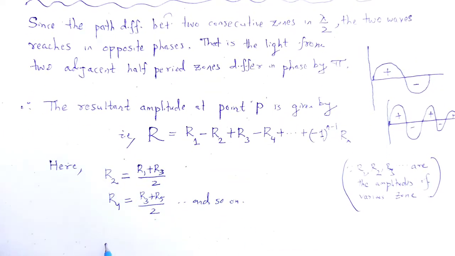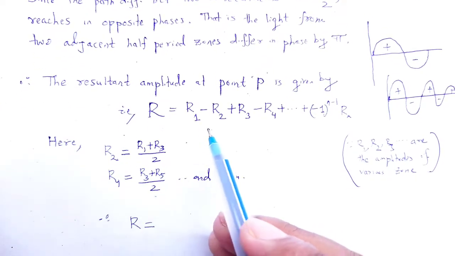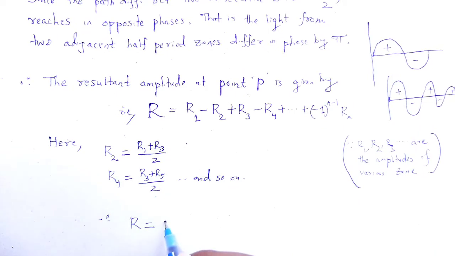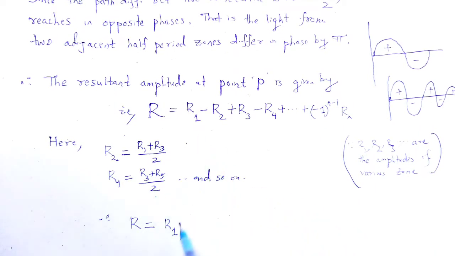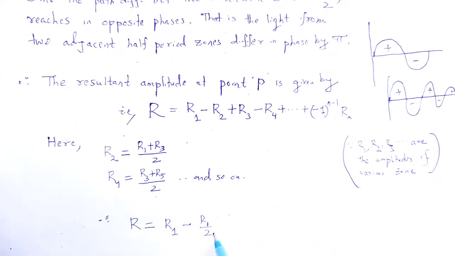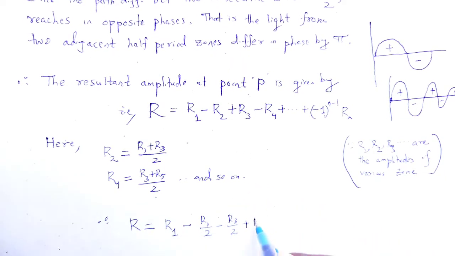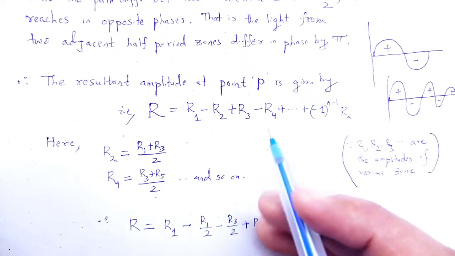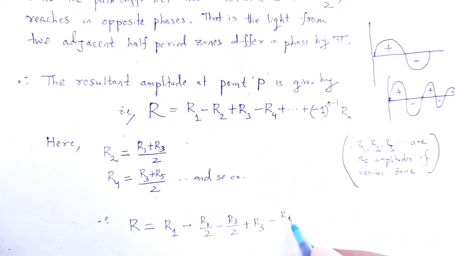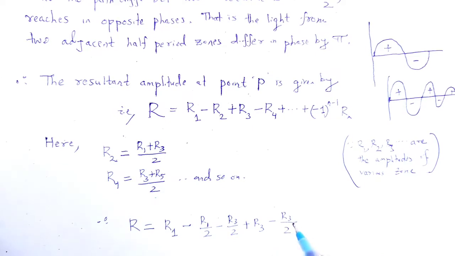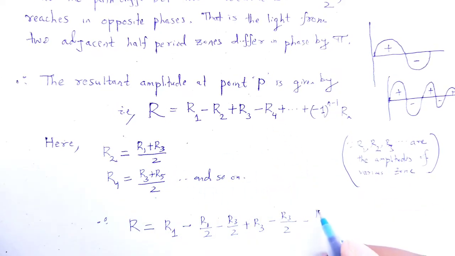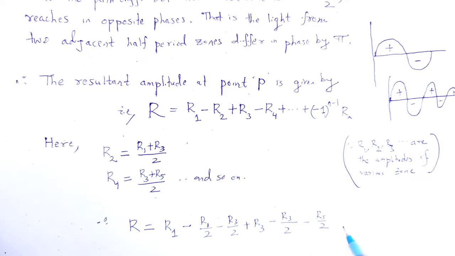Therefore, R can be evaluated as: in place of R1 we write R1, in place of R2 we substitute minus R1 by 2 minus R3 by 2, plus R3. Next, in place of R4, that is minus R3 by 2 minus R5 by 2.